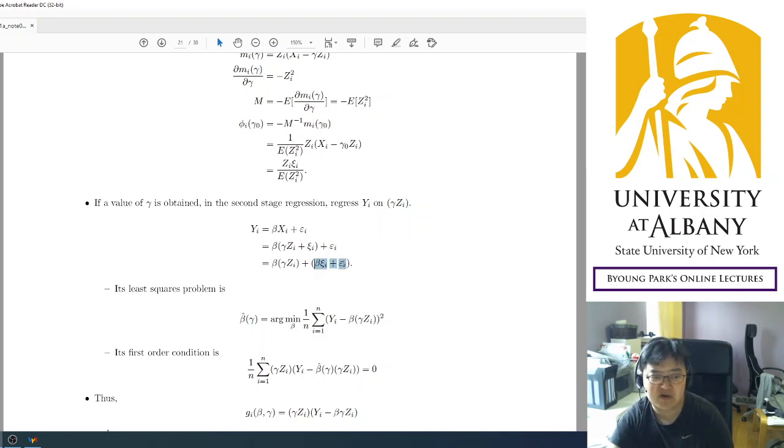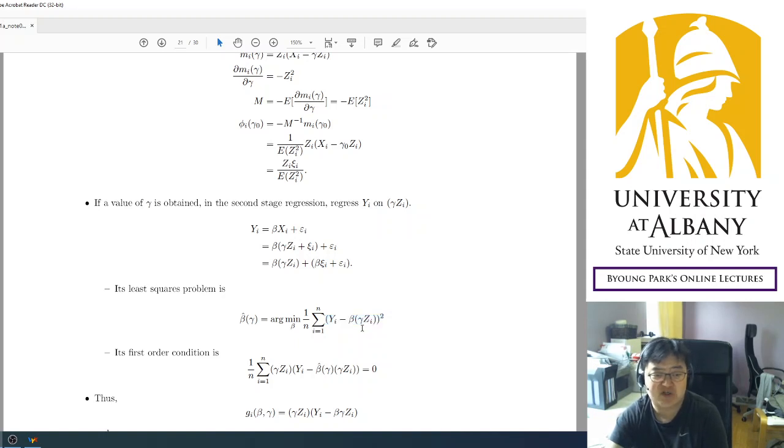Of course, the error term changes, but the point here is we are going to minimize the sum of squared residuals of y minus beta gamma z. Remember, this sum of squares includes beta and gamma, but this sum of squares is for beta. We are writing this equation to identify beta, to estimate beta.